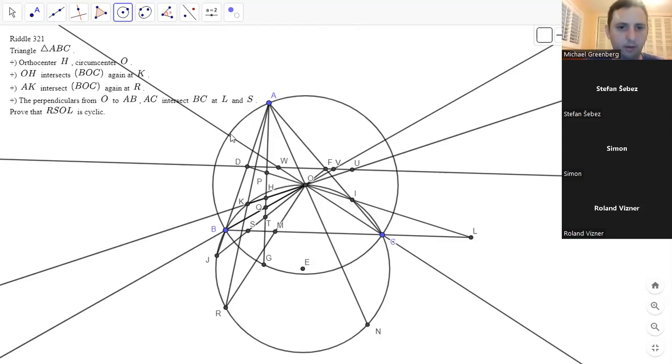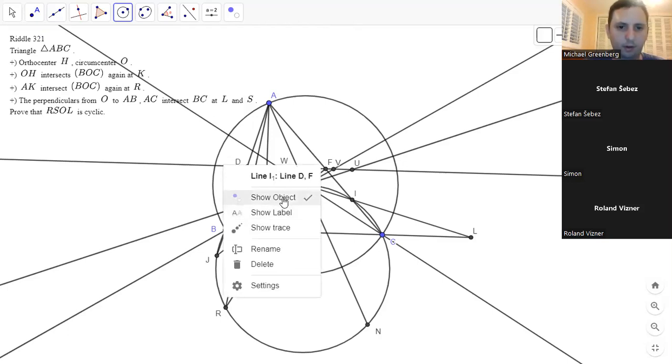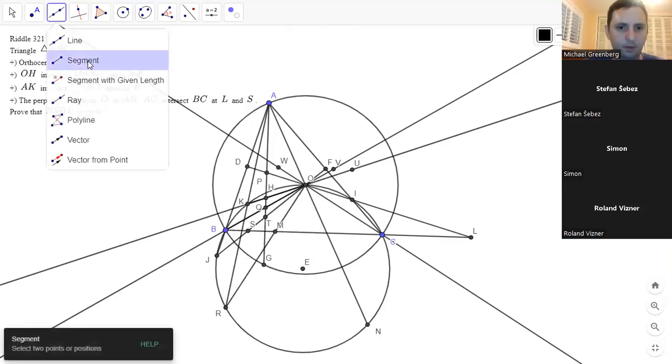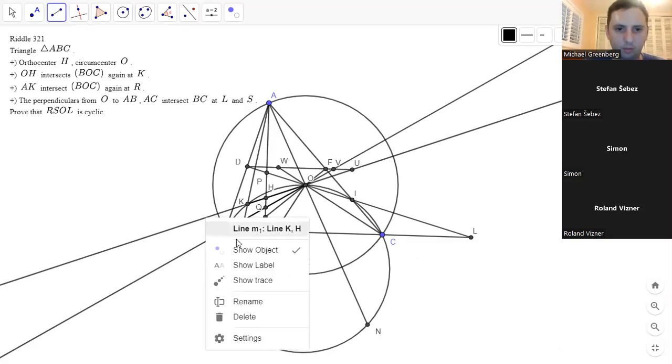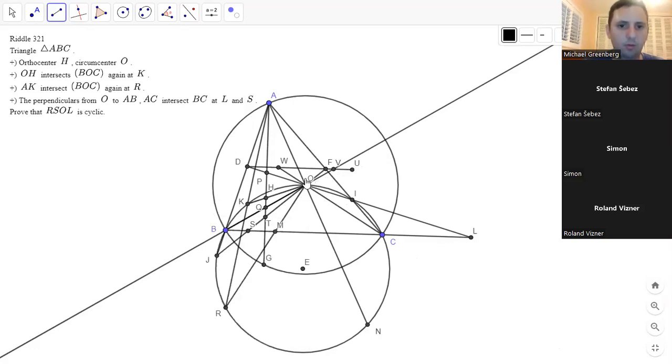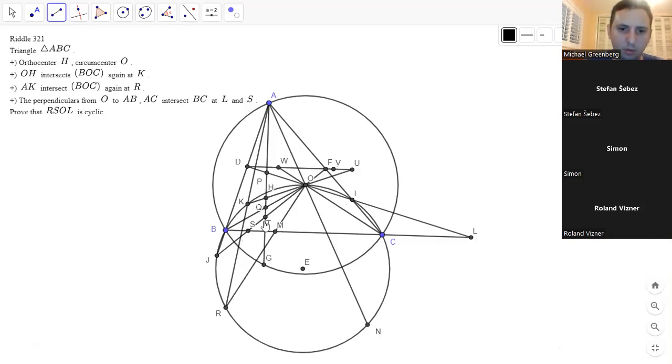This looks a little bit messy, but I'm going to make it look a little better. Okay. Point V. Oh, I just draw that in.